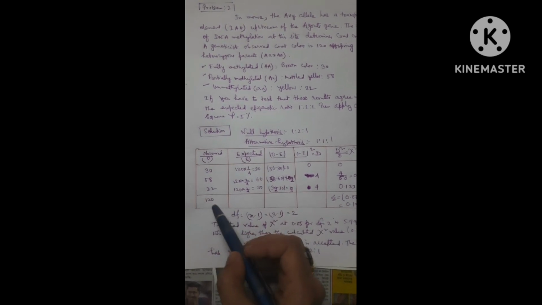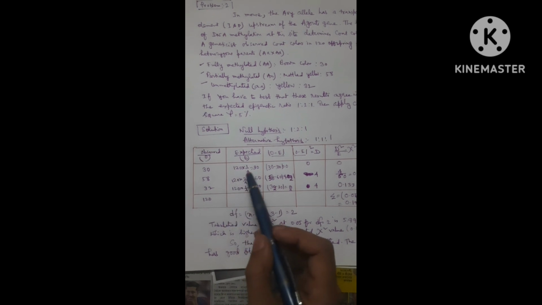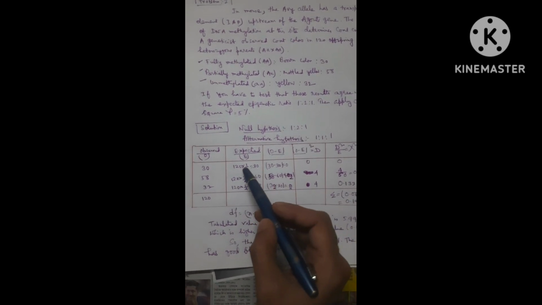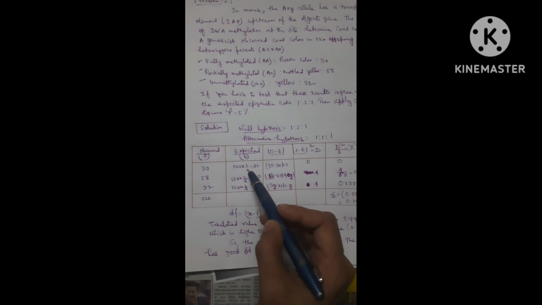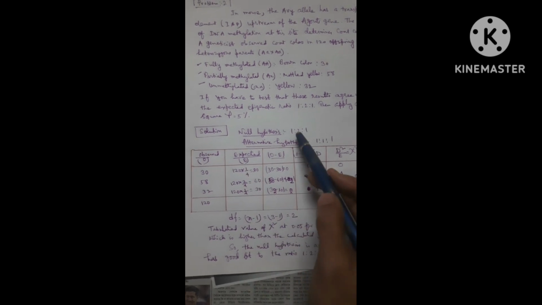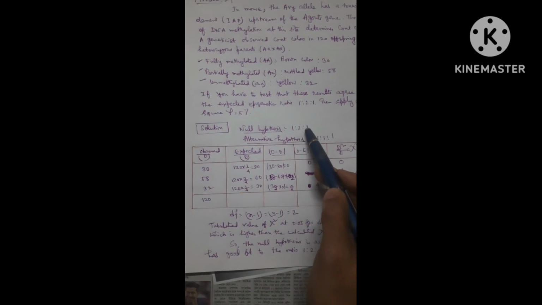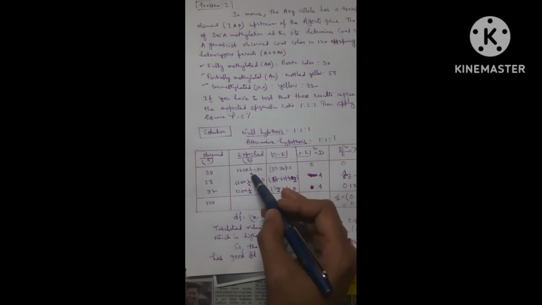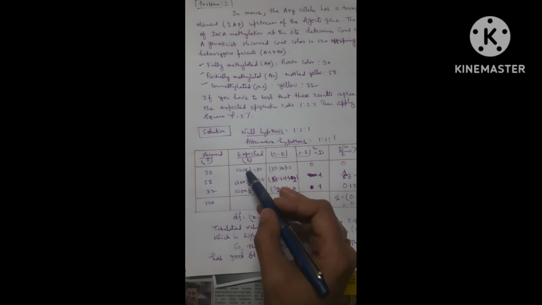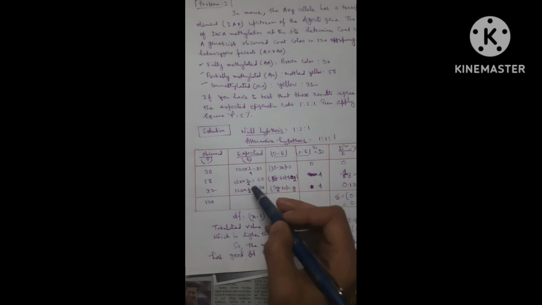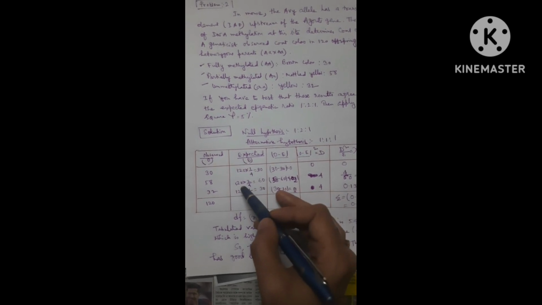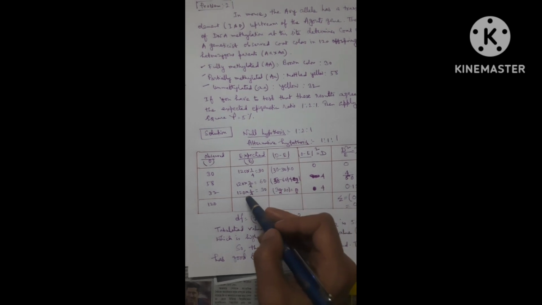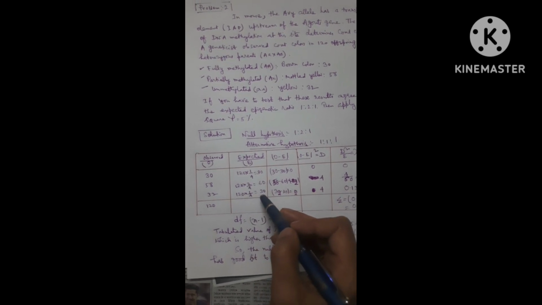You know the total is 120 and the ratio is 1:2:1. Okay, so 120 into 1 by 4, where the 4 is 1 plus 2 plus 1 means 4. So that's why below there is 4. Okay, so 120 into 1 by 4 equal to 30. Likewise 120 into 2 by 4 equal to 60. 120 into 1 by 4 is 30.